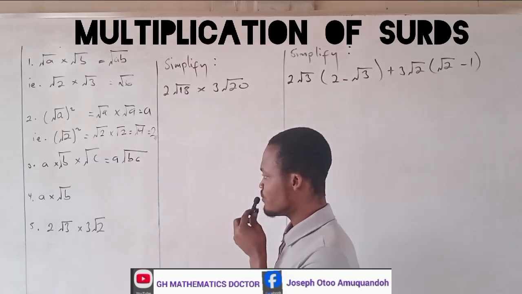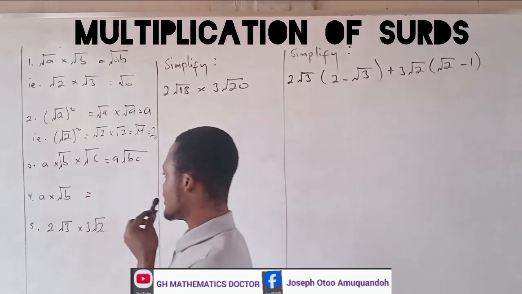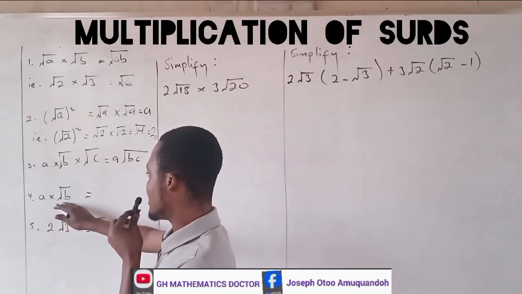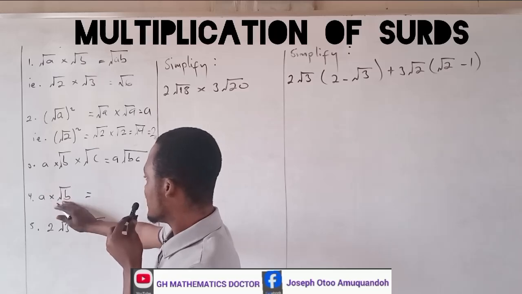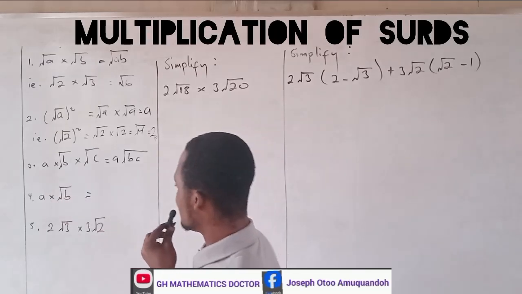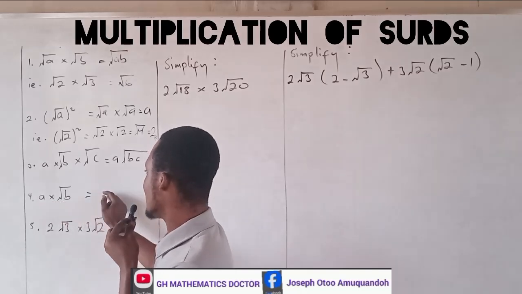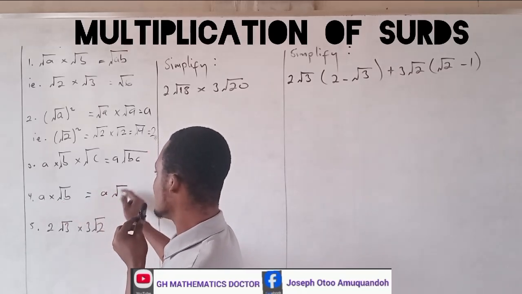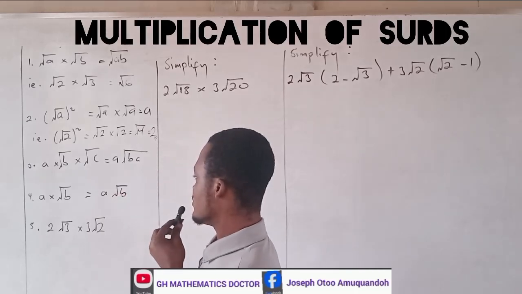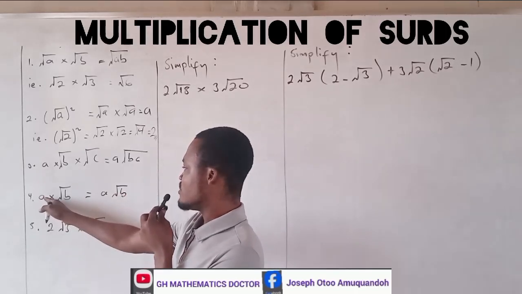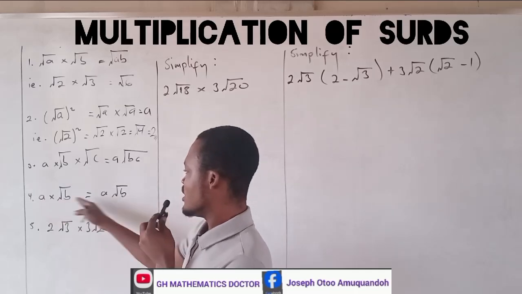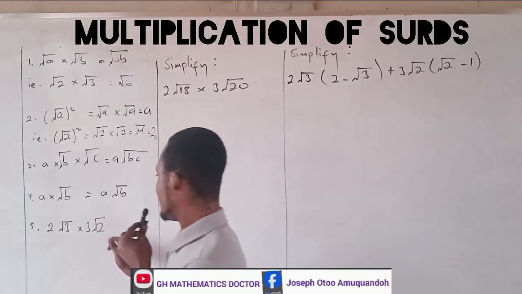There is another principle, and it is the last but one. Here, a coefficient multiplying the root of the number, here being the same. So we have a root b. Whether we have a multiplication sign there or not, it is the same. Then we have the last one.